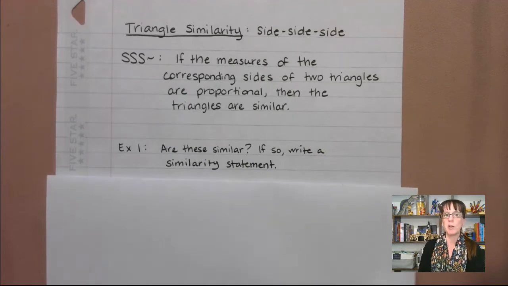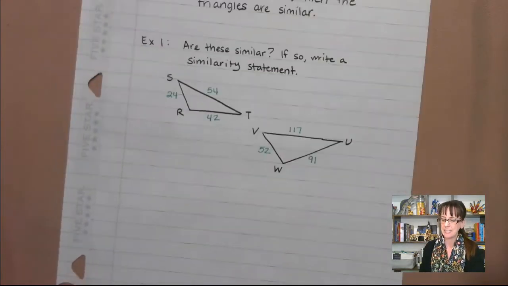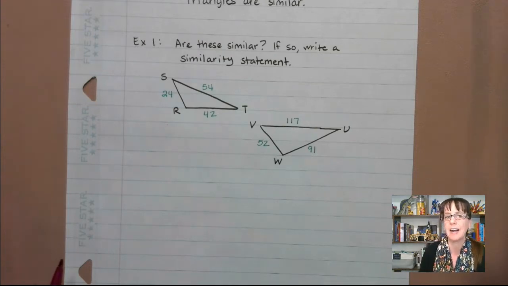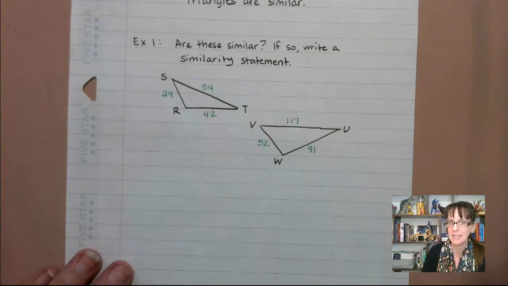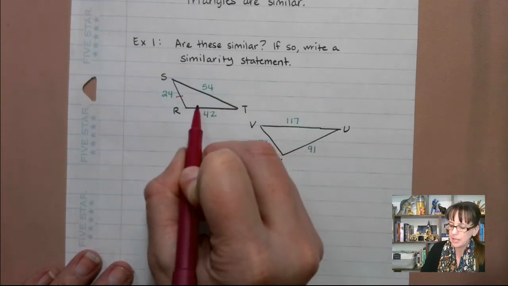For example, number one, are these similar? If so, write a similarity statement. All right, we have these two triangles. I think the easiest way to determine side, side, side is to look at these and say, okay, we have a small, a medium, and a large.